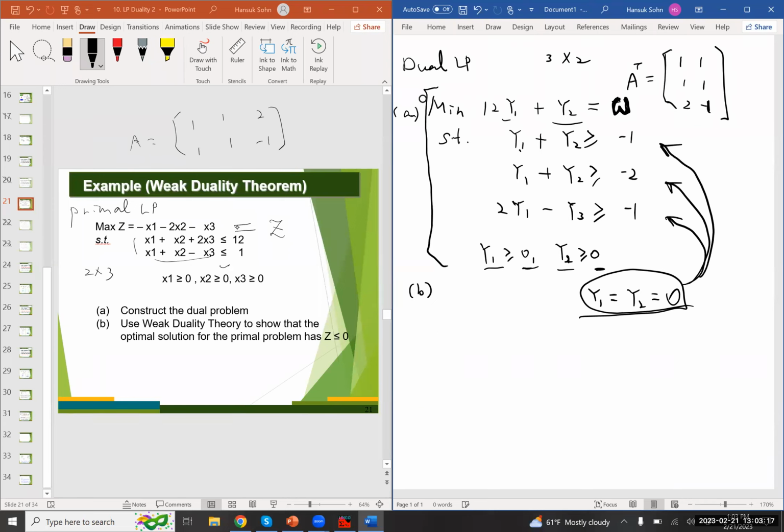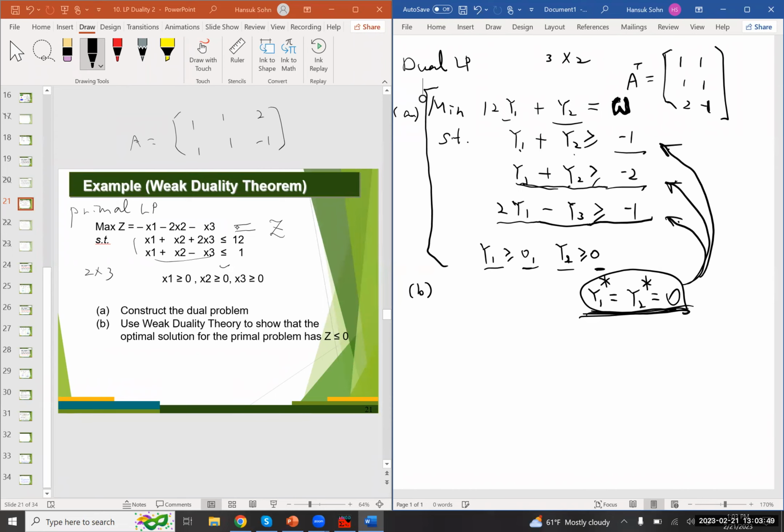Because here 0 plus 0, which is 0, is greater than or equal to negative 1. 0 plus 0 is also greater than or equal to negative 2, right? And 2 times 0, which is 0, minus 0, that is also 0, is greater than or equal to negative 1. So this value satisfies all of the constraints, right? So this must be our optimal solution.